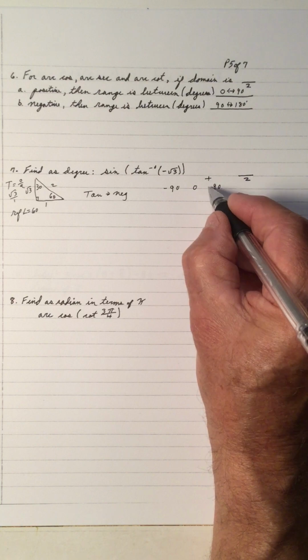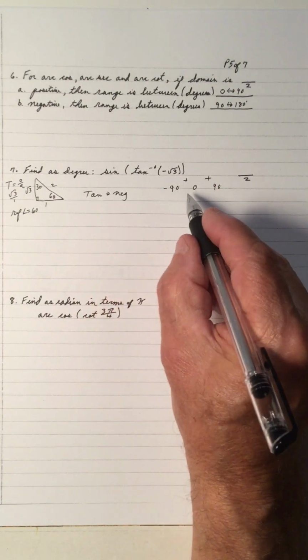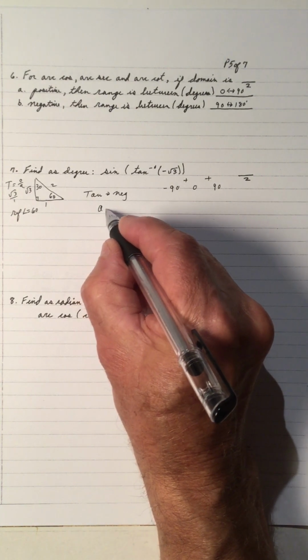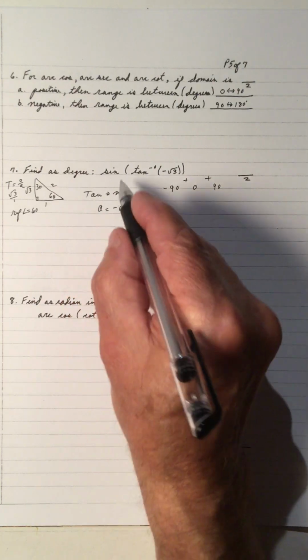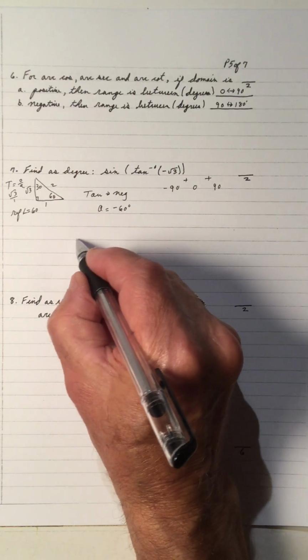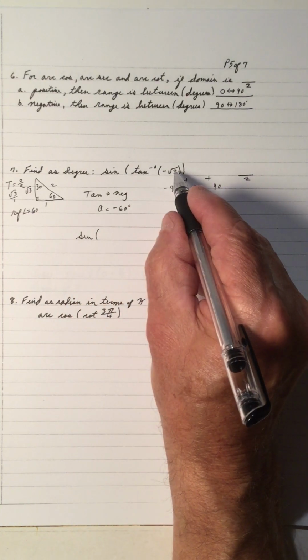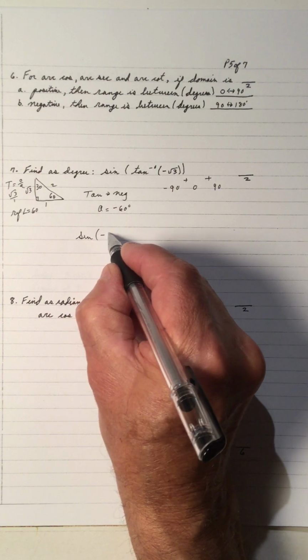So it's positive here and it's negative here. Since this is negative and negative is from negative 90, that means that theta must be negative 60. So that means the tan inverse of negative root 3 is negative 60.